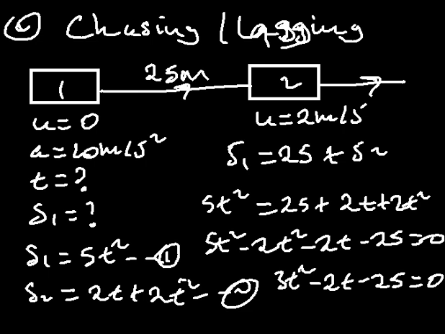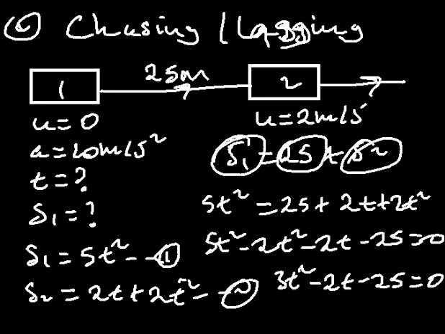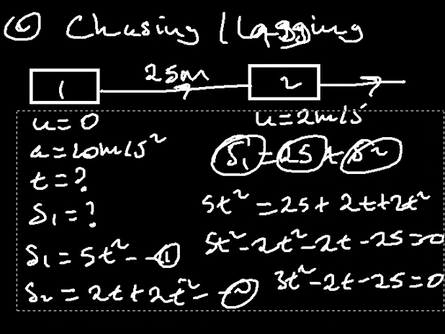You can also use this formula to find the distance traveled by object 1, since you have S2 plus 25 meters is equal to S1. So keep that in mind. This is what we call the chasing case, where one object is ahead of the other in that way.